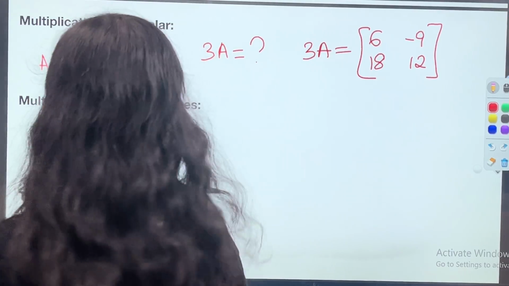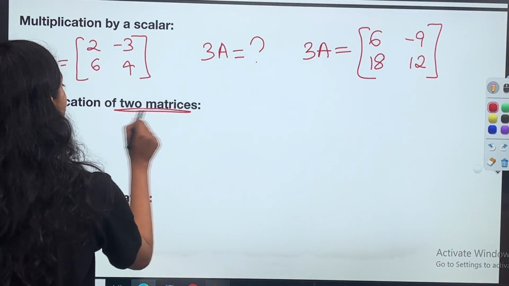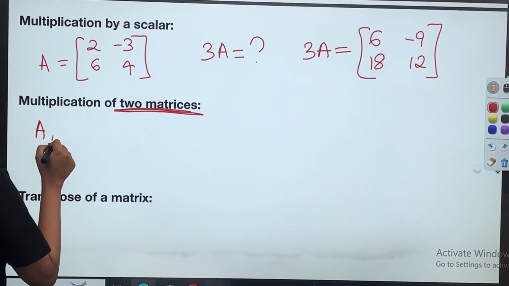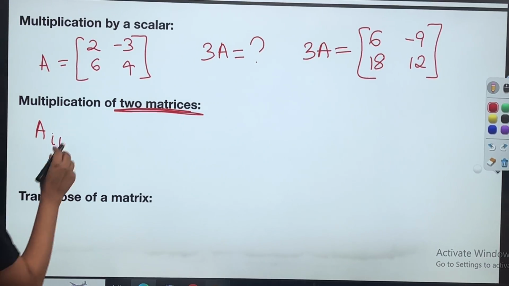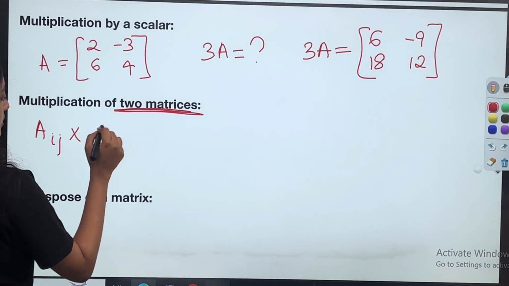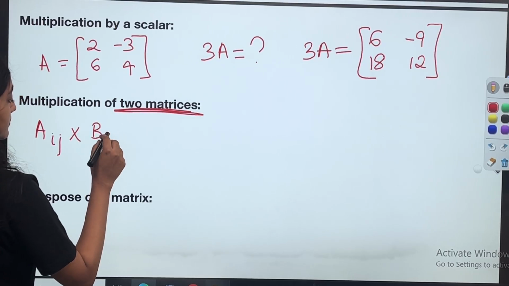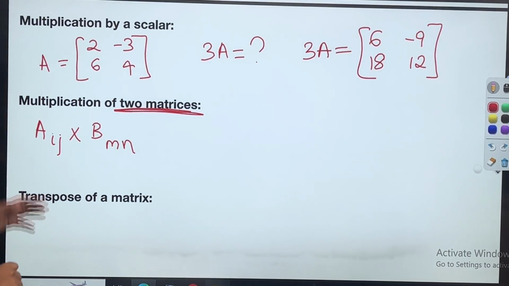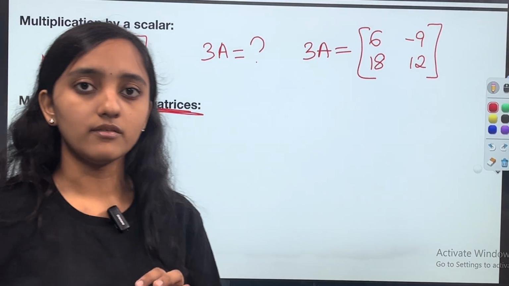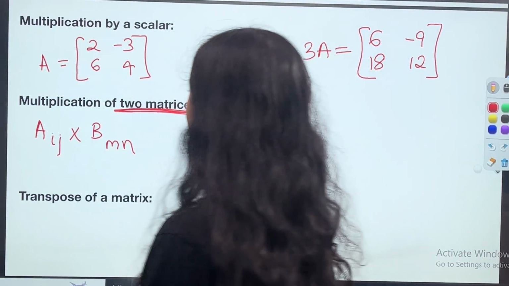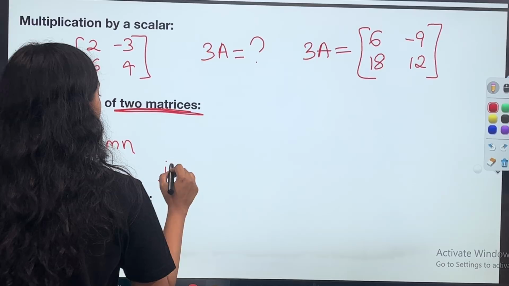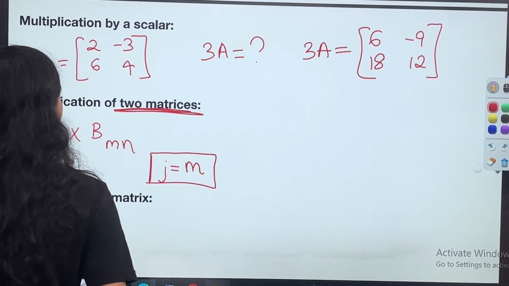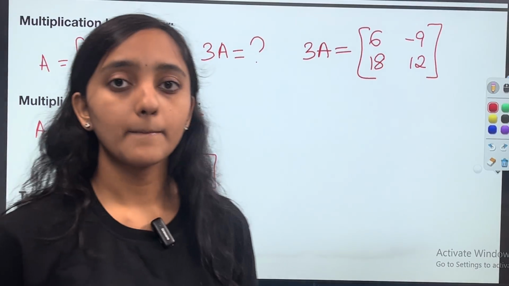What if you have multiplication of two matrices? There is a rule that you have to follow. If you have A of order i into j, multiplied by B of order m into n, then j must be equal to m; only then can the multiplication take place.